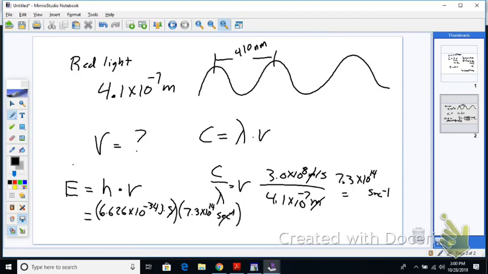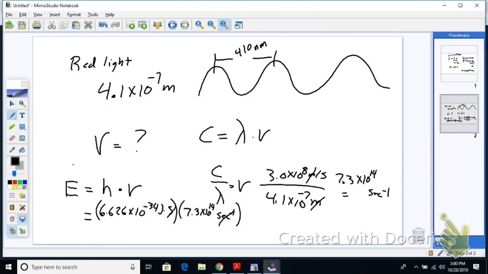Okay? And when we do that, we're going to get a number that's going to be to the minus 20th. When we take 6.626 times 7.3, we get 48 times 10 to the negative 20th.